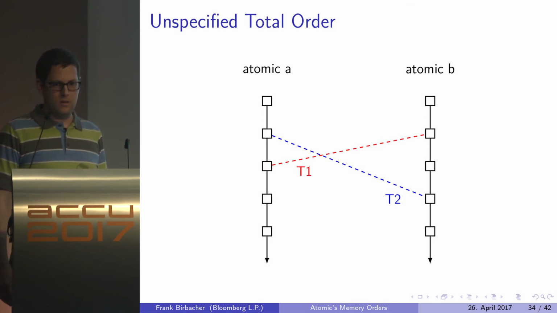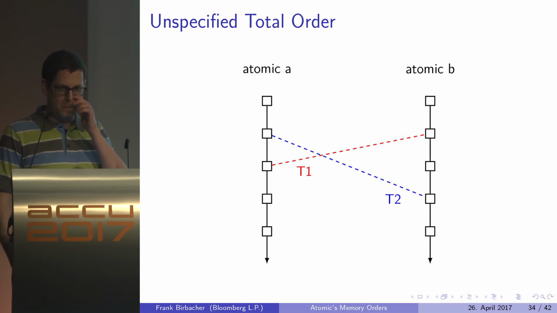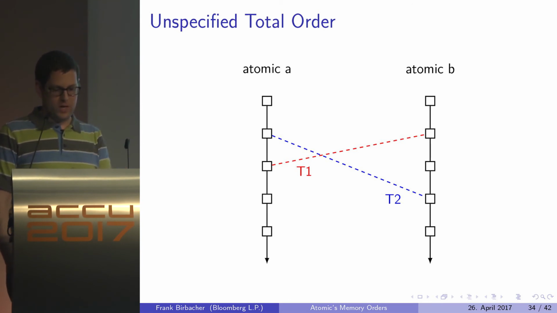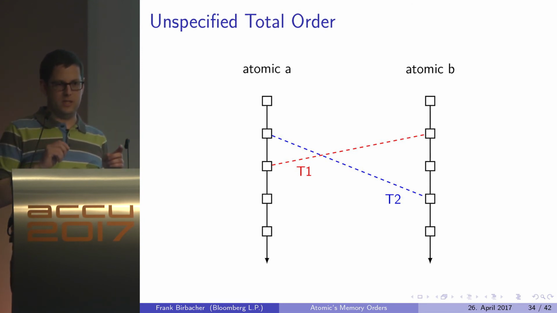Yes? So every square is like an operation that modifies atomic A or atomic B? Every square is an operation that modifies that respective atomic variable, and time passes from top to bottom. So this is depicting the order of modification on those atomics.